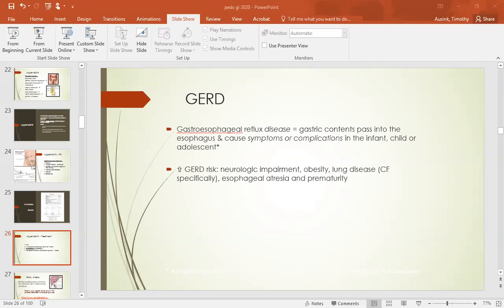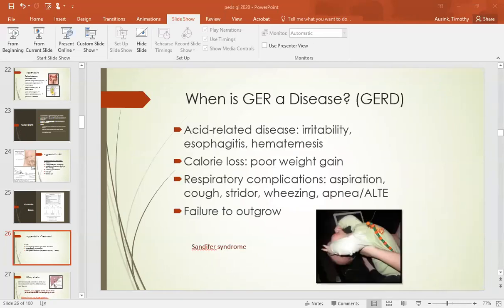What I'm trying to get at here is that with cystic fibrosis, if they aspirate, maybe it is a common link, but you could definitely reason that out. In this case, if a CF patient has GERD, you want to really aggressively treat it because if they aspirate, they're in big trouble. Yeah.